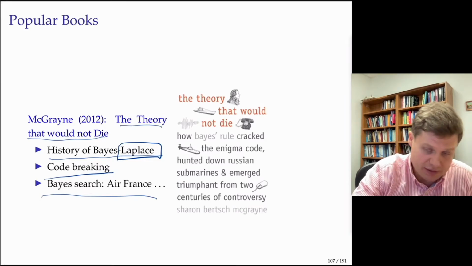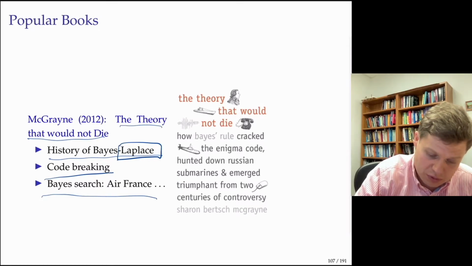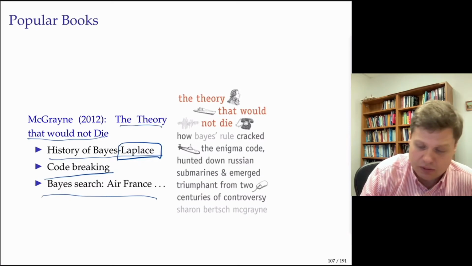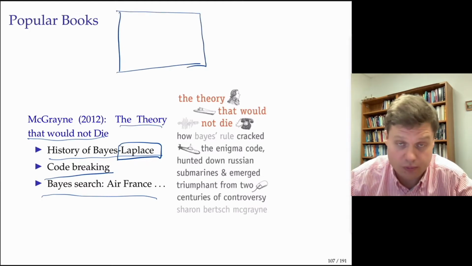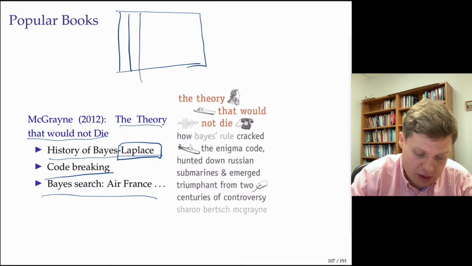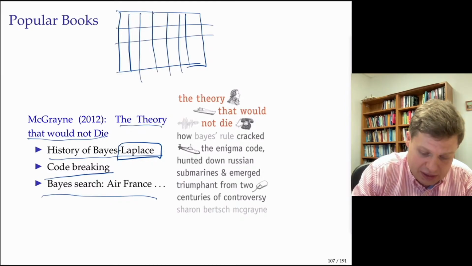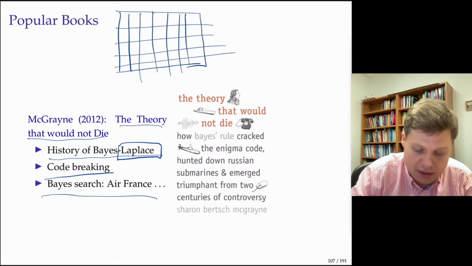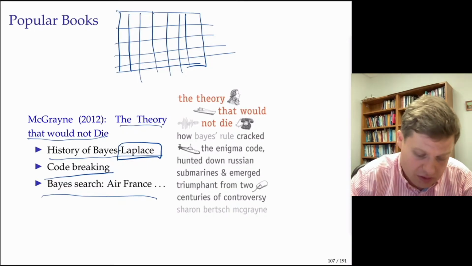Bayesian search, very roughly, I'm just going to explain. You want to search for an airplane or a submarine or something that is missing, and you basically start with an area that you think the airplane should be searched in, and you cover it with a grid. You collect all the information that you can about the possible location of the airplane on this grid, and you assign probabilities.